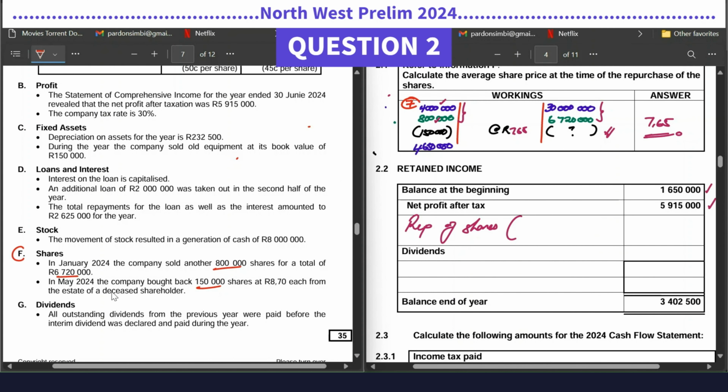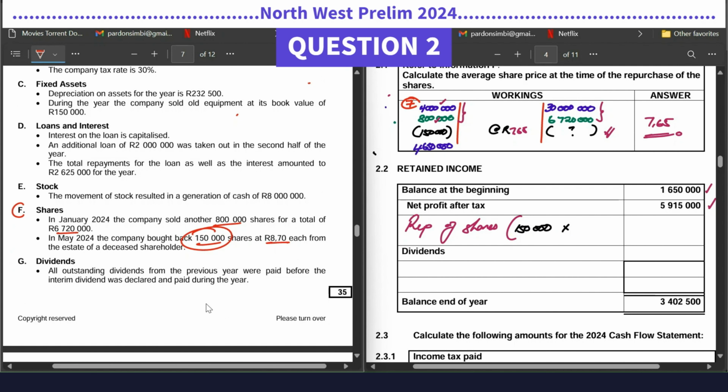So I'm at 150,000 here. And then I multiply. Do I multiply by the 8 Rand 70? Certainly not. In your mind already, you have the triangle. You remember the famous triangle. At the top, we have the cash flow amount, which is your 8 Rand 70. Here, it's the ordinary share capital amount, which is your average price, 7 Rand 65.